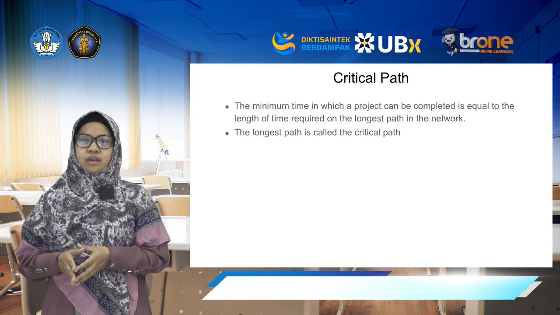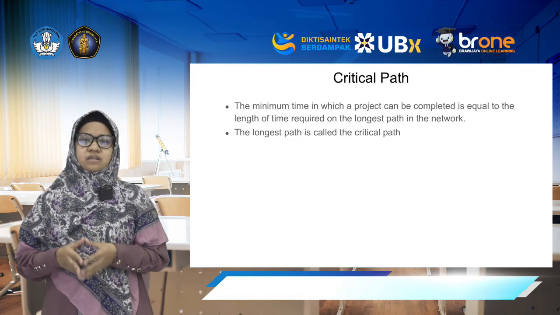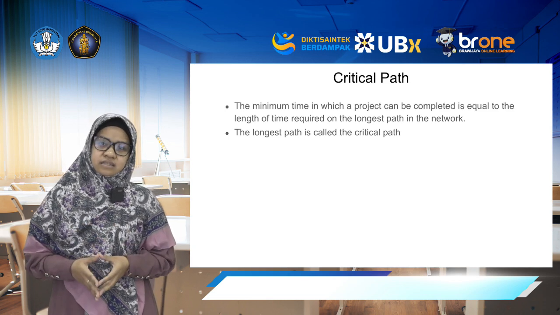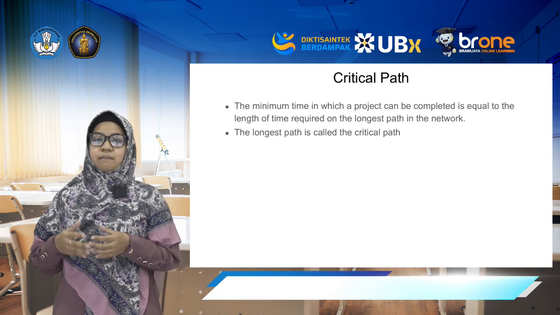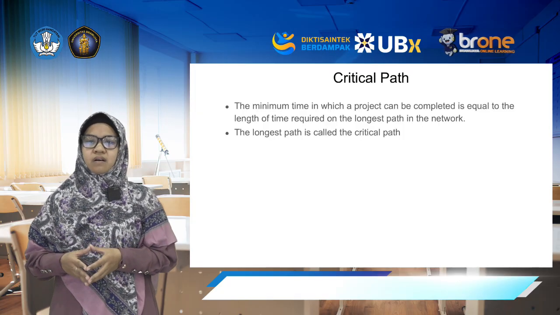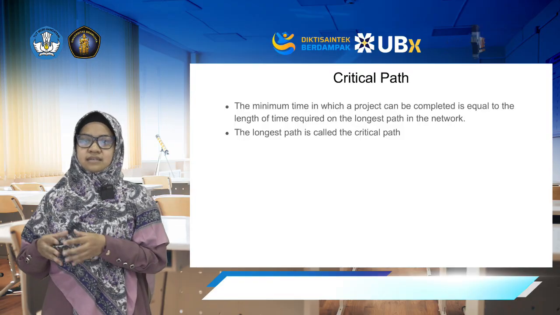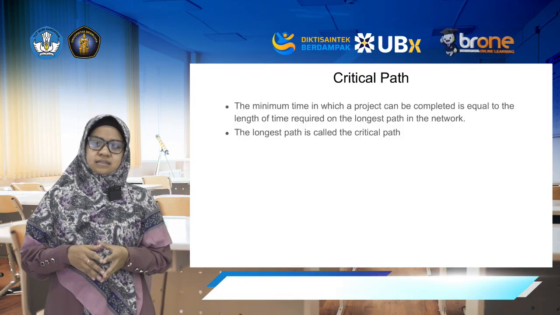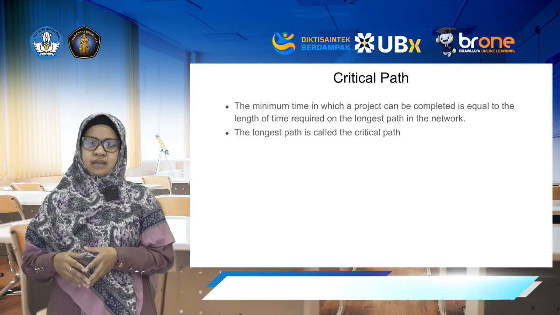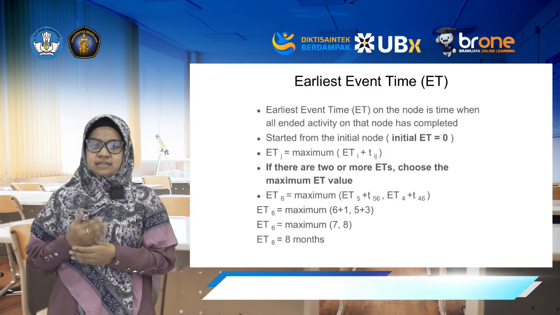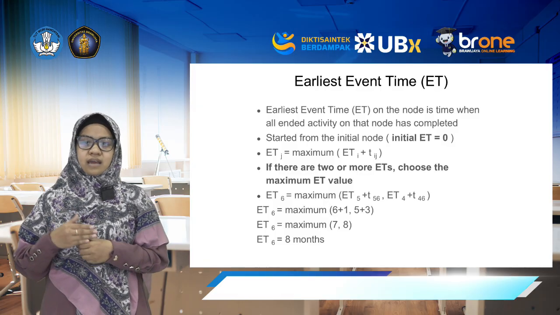To find it, we make 2 quick passes through the network. We do a forward pass to figure out how early each activity can start and finish, then a backward pass to figure out how late it can start and finish without moving the project end date. The gap between latest and earliest is the slack. Let's walk the forward pass step by step. Start the clock at time 0.